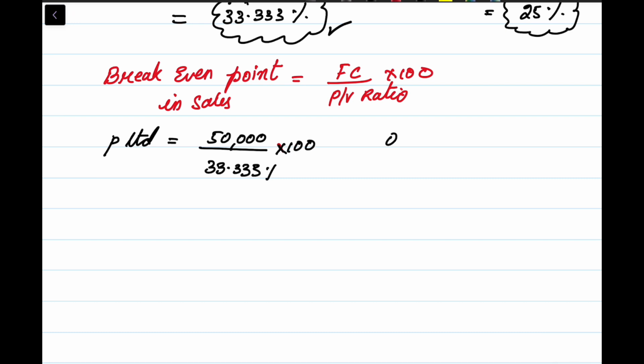Q Limited, same. 25,000 by 25 into 100. Remove that percentage, by mistake I have written.